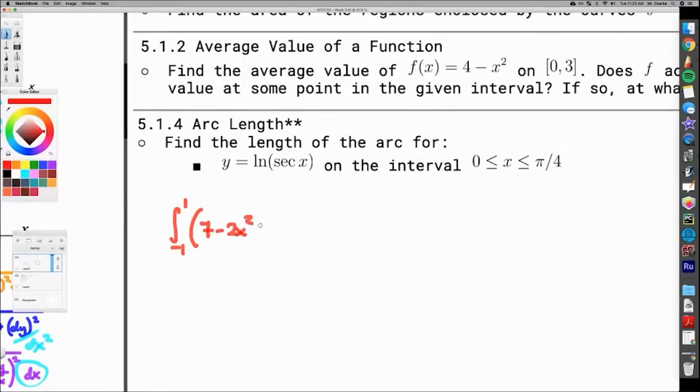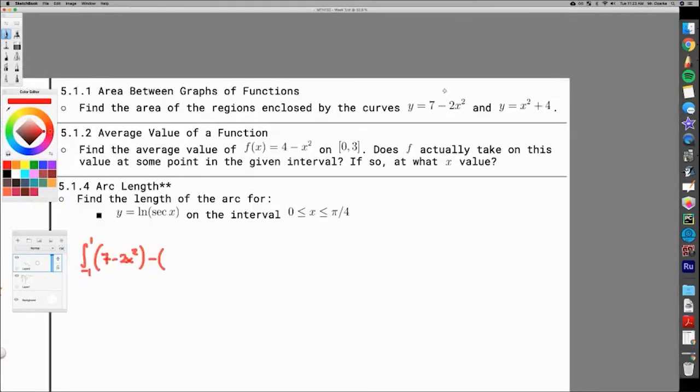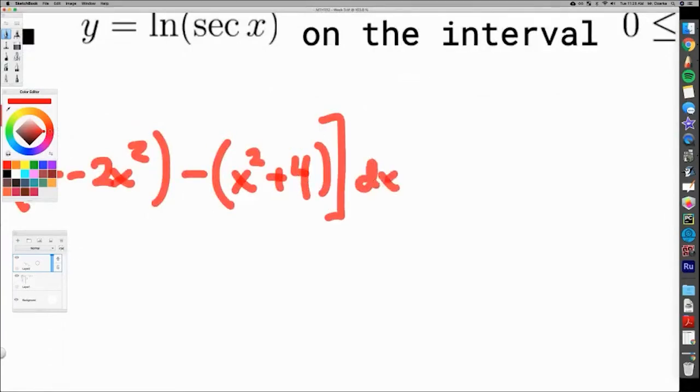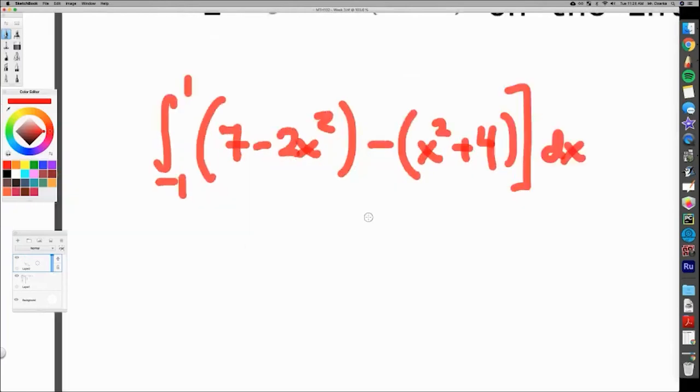So don't just assume that. So we're doing the integral of the top one. So this is our f. This is our g. X squared plus 4. We do need a parentheses around this whole thing. So you end up with something like that.